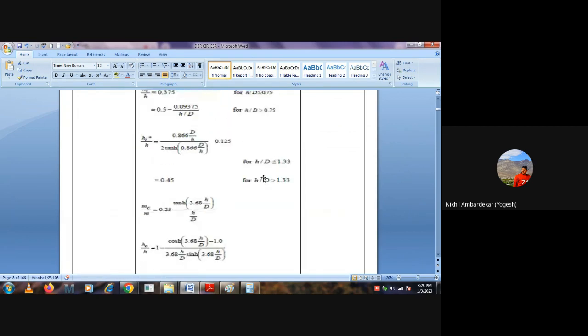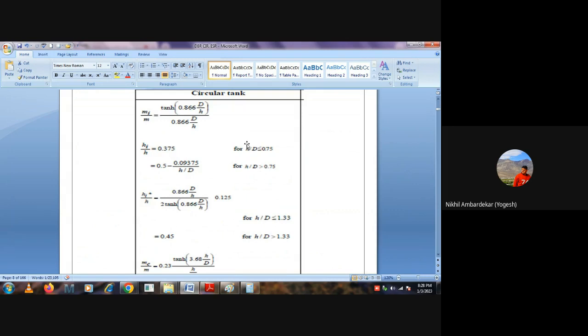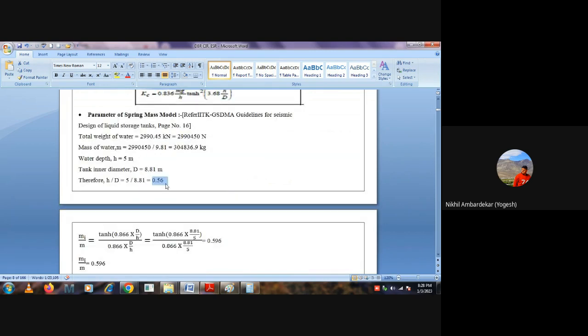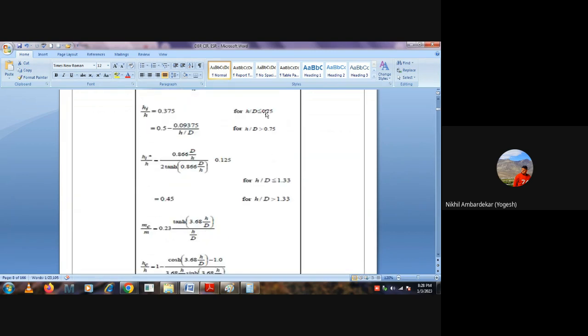So just go there and check. Two cases are given. For h by d less than 0.75, you need to use this formula. And if h by d is greater than 0.75, then you have to use hi by h equal to 0.5 minus 0.866, this other formula.